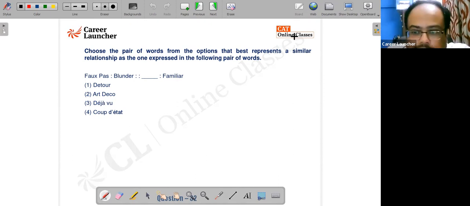Sambhav, 32 is correct. 33 is a different answer. 34 is correct. So 32 and 34 correct. Parul, 34 is also correct. Good.